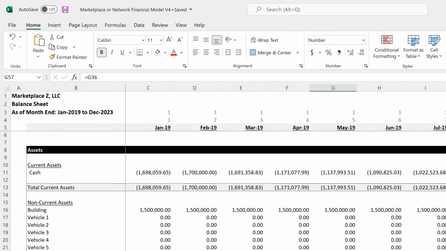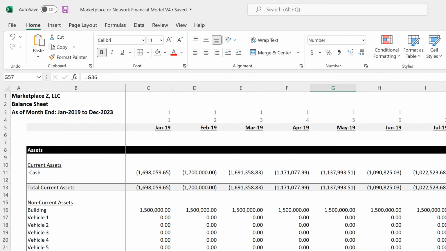So if the equity can come in on different months, it means we're not necessarily going to hit a 0 balance exactly.